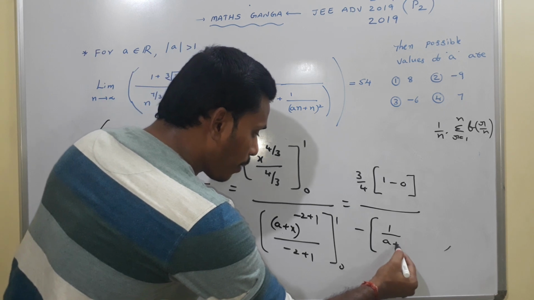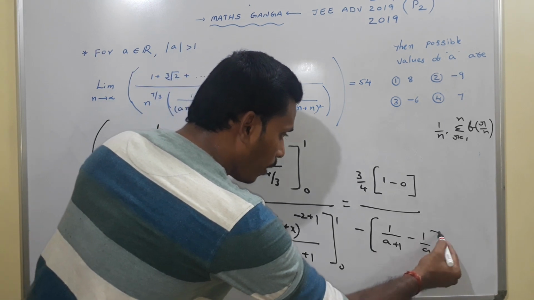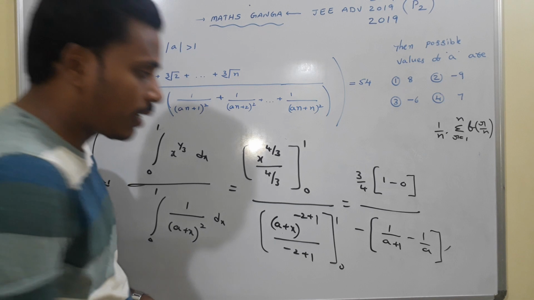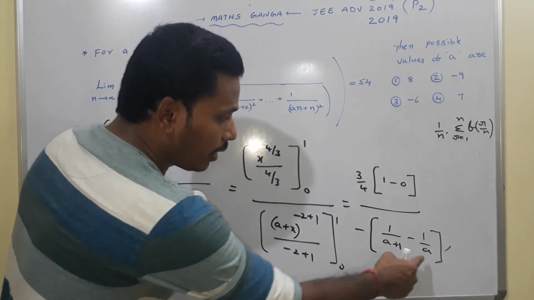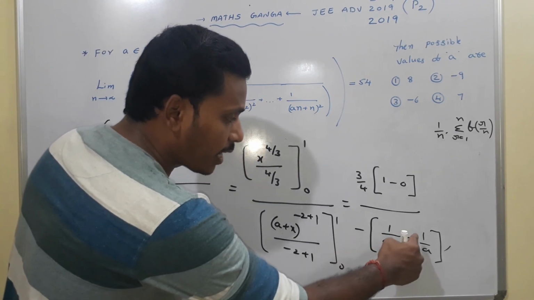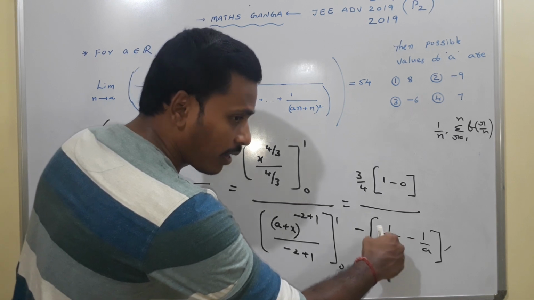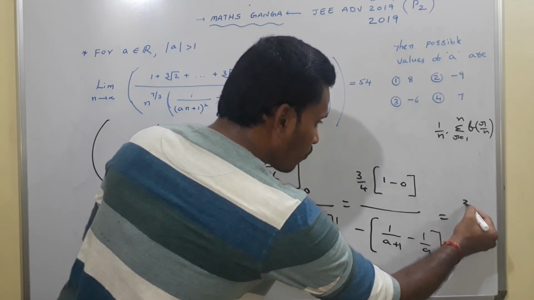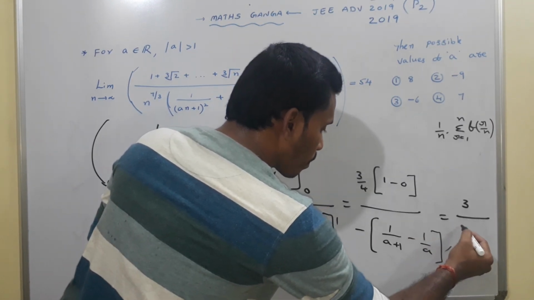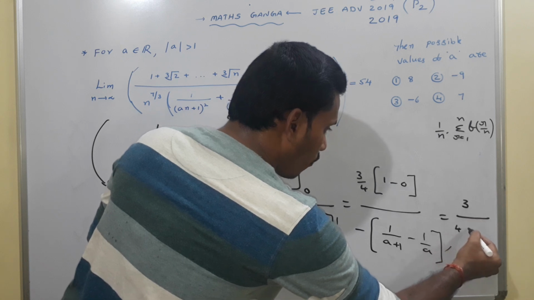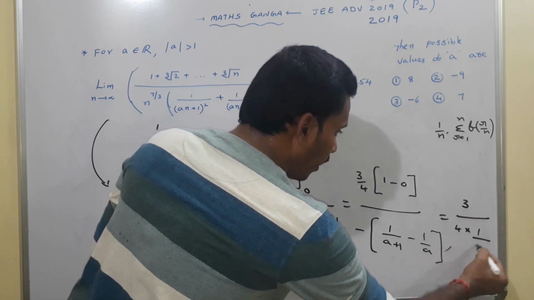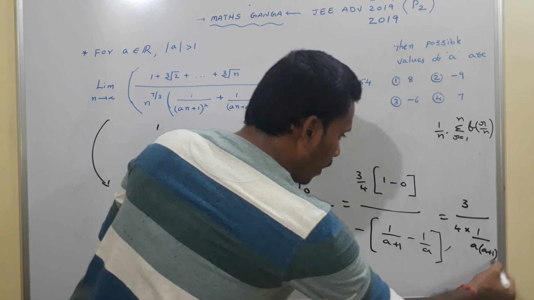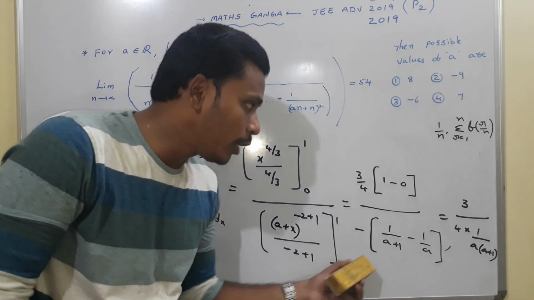So 1/(a + 1) minus 1/a. This is 1/(a + 1) minus 1/a, with the minus 1 outside. So I will calculate it like this. So that is finally (3/4) of 1/(a(a + 1)).